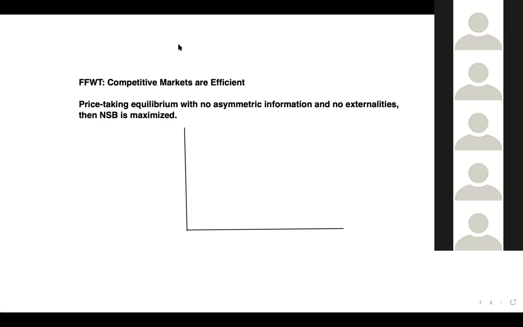So we have some confidence that as long as we're talking about general situations where the economic agents are rational, if we have a competitive market equilibrium, we're going to end up with an efficient outcome.